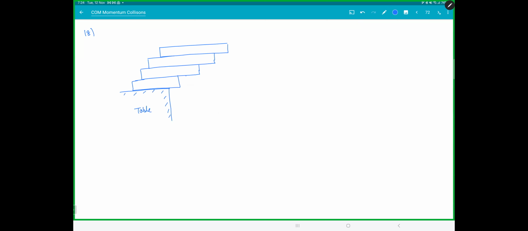So we have 4 identical planks of length L. Now, if you balance them properly, this A is the tip of this plank. This is the maximum distance you can push them.